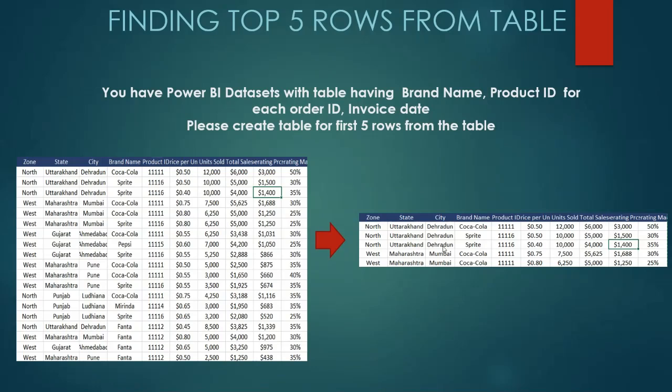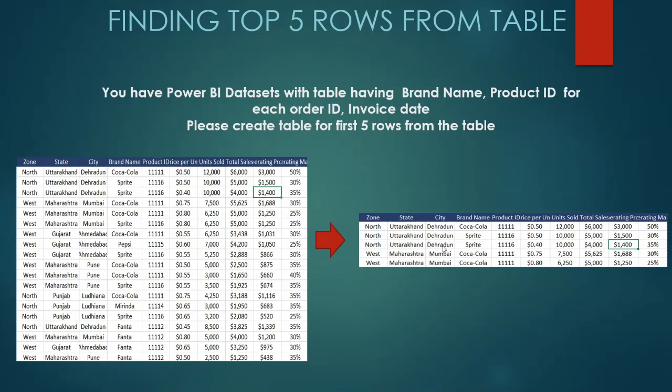Here you have a table with different information, and you want to create another table from the main table showing the first 5 rows. I hope it is clear. So let's get deeper.